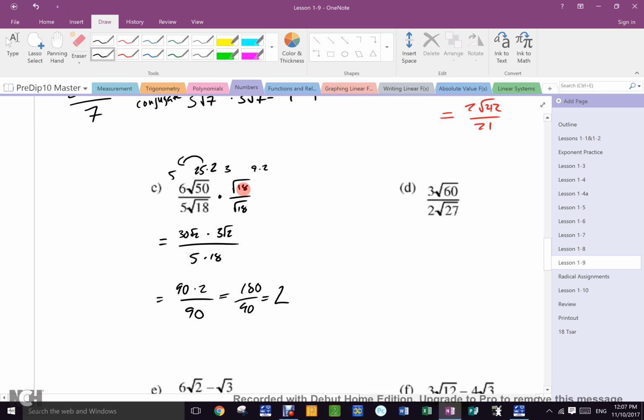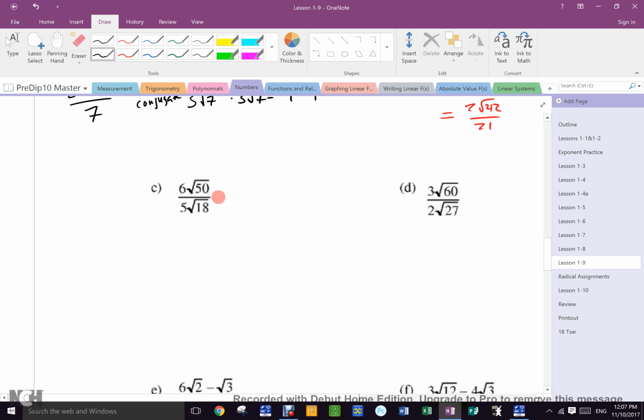Oh, but what if we simplified the denominator? I'm about to do that right now. Okay? Everybody cool? Now watch what happens if I simplify right away, which is what Sarah was asking about. I can make this right now 30 root 2, correct?